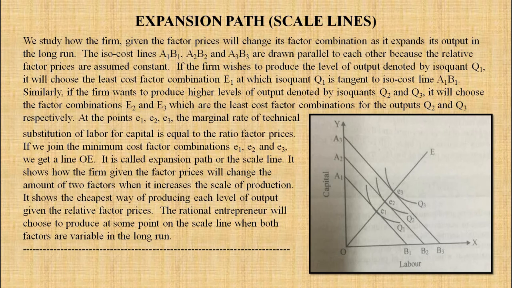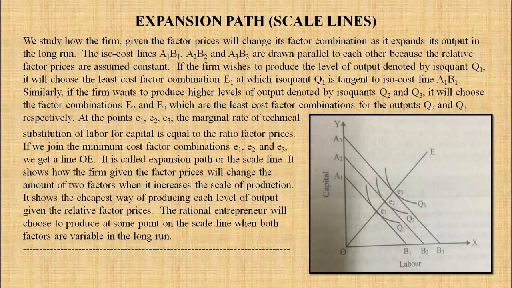Similarly, if the firm wants to produce a higher level of output denoted by isoquant Q2 and Q3, it will choose the factor combination at E2 and E3, which are the least cost factor combinations for the outputs Q2 and Q3 respectively.